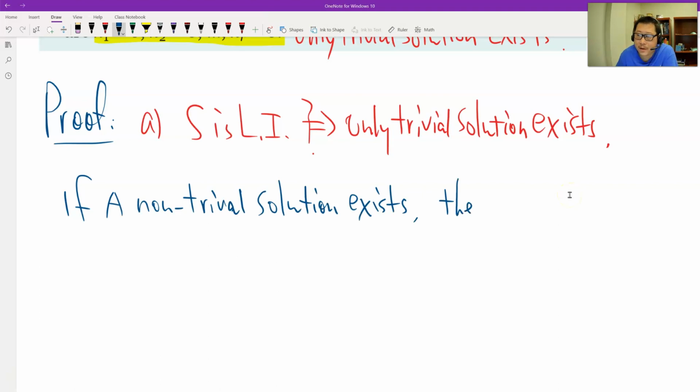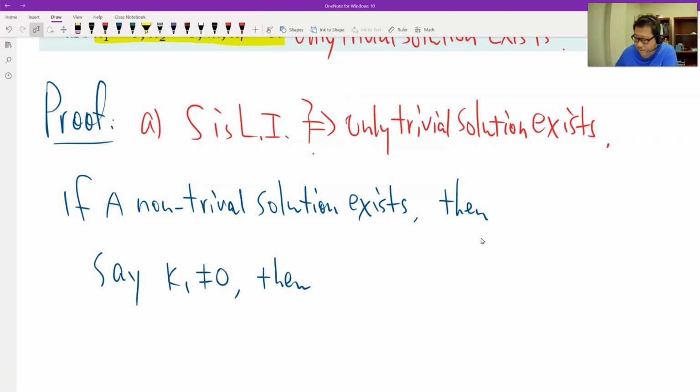If a non-trivial solution exists, then we will try to get a contradiction. What kind of contradiction can we get? First, non-trivial solution means not all the k's equal 0, right? Let's say the first k, k1, is not 0.